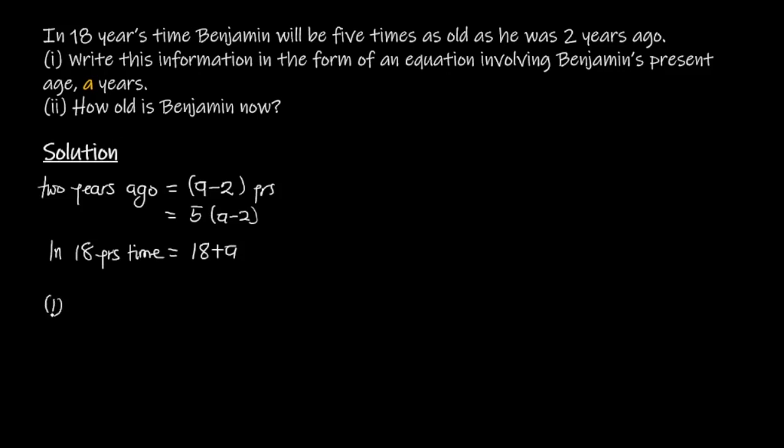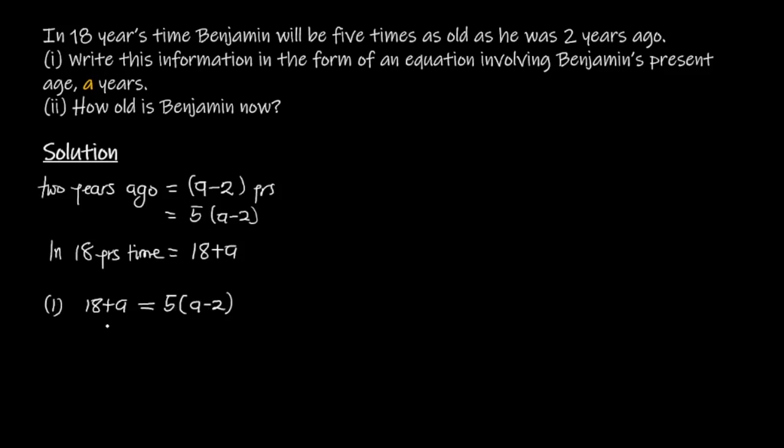So in 18 years time, which is 18 plus A, Benjamin will be equal to 5 times as old as he was 2 years ago. So this becomes our equation for us to solve.